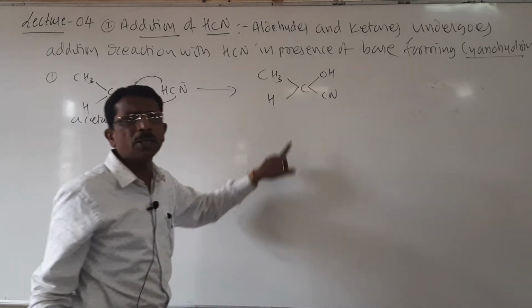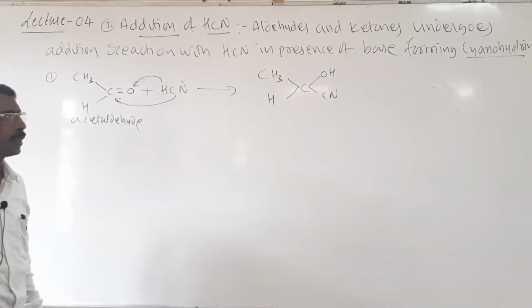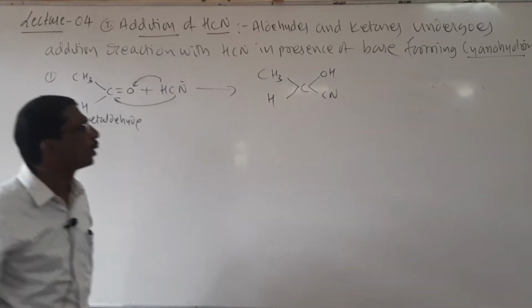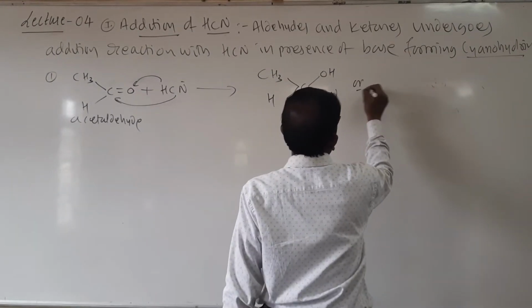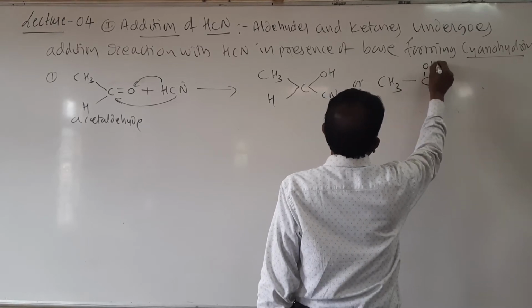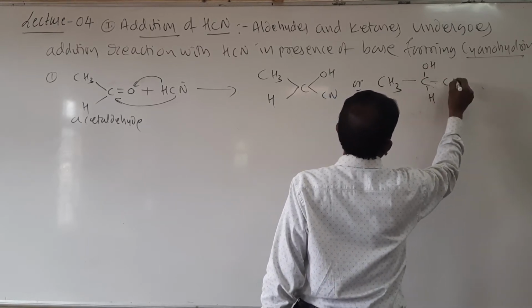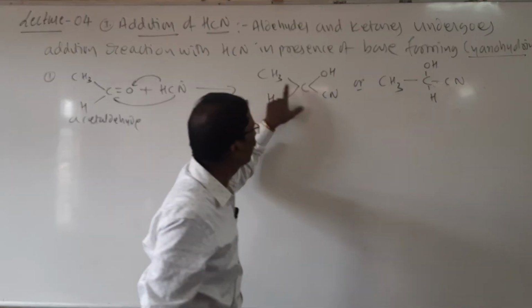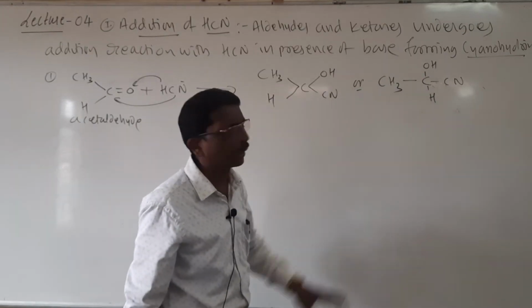It is called cyanohydrin. So this cyanohydrin may also be written like this, CH3 CHOH and then CN.